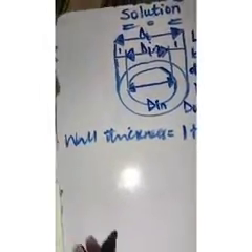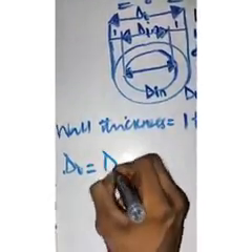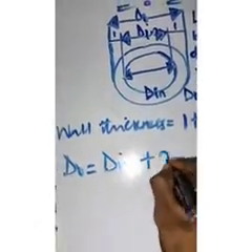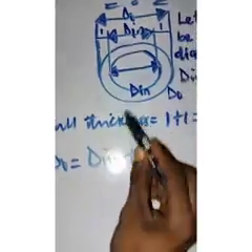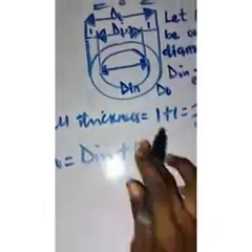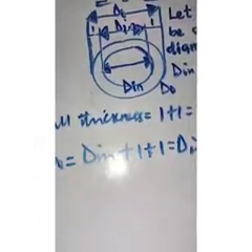So from here you can find out that the outer diameter D naught will now be equal to inner diameter plus 2. Can you see? That is, this outer diameter will now be D inner plus 1 plus 1, right? So that will be equal to D in plus 2. Okay.